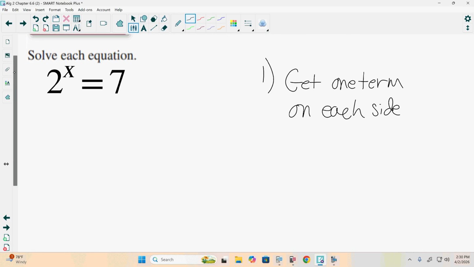Now, if we had different bases with variables, we're going to have to do a whole lot more work. We're going to have to try to get it simplified as best as possible. But again, we'd want one term on either side.